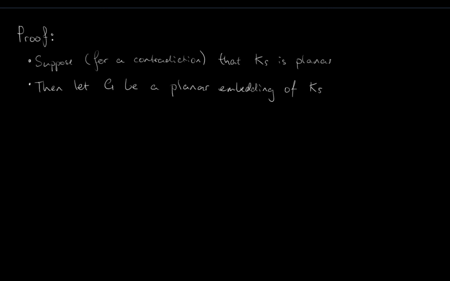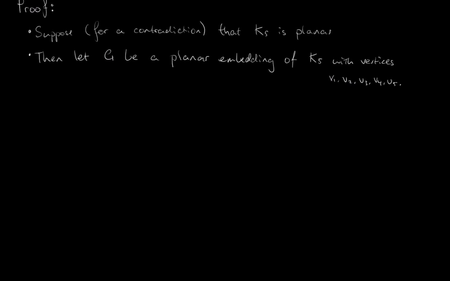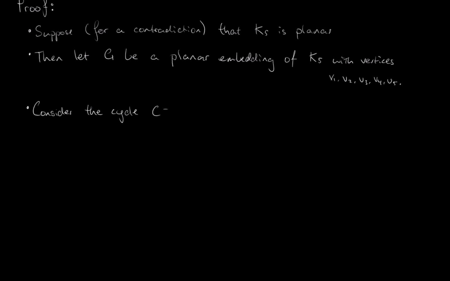Let's label some vertices. We need 5, so let's say V1, V2, V3, V4 up to V5. Now what we want to do is consider the cycle C equals V1, V2, V3, and back to V1.